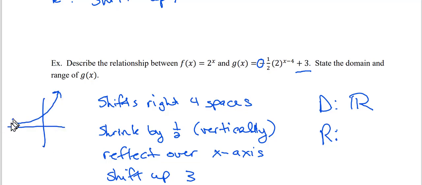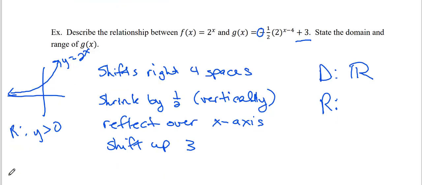This is 2^x, something like this. We know that y = 2^x has a range of y greater than 0. It can never be negative. Shifting it right 4 spaces doesn't change that. The horizontal asymptote still stays in the same place. Shrinking it doesn't change that. It just brings all of the values closer to the x-axis.